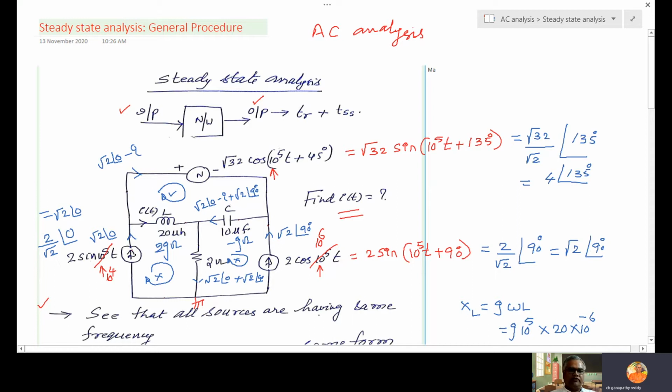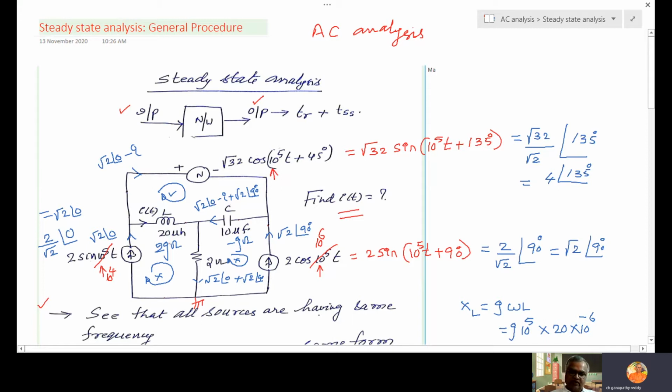Analyze for I1 with that source. Then in the second case, when it is 10^5, inductive reactance remains 2j, capacitive reactance remains minus j. This current source is open, this current source is open. Again it comes under a single source problem. Analyze for I2. Then analyze for I3 with only the current source, but the frequency is 10^6.